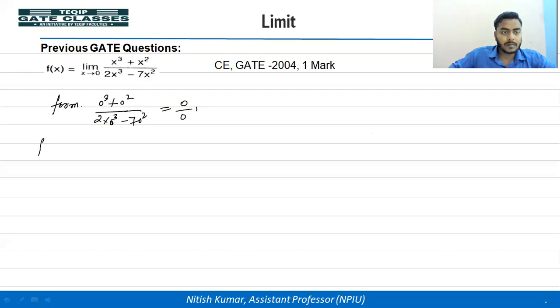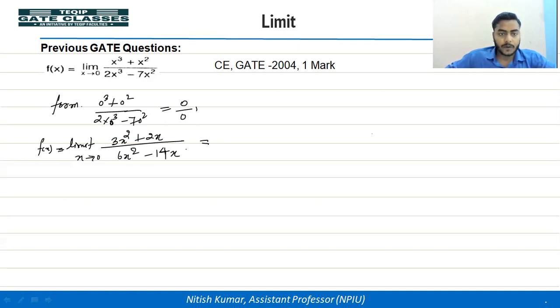Limit x goes to 0, differentiate: 3x square plus 2x in the numerator, 6x square minus 14x in the denominator.